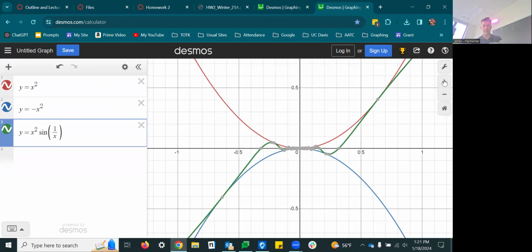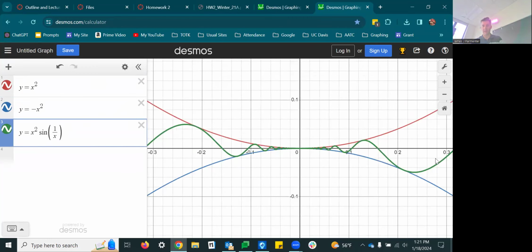Since the red function and the blue function are getting closer and closer to 0, this thing, although it's still bouncing back and forth, is getting squeezed together. So the x squared times sine of 1 over x function has to get squeezed to the same value that they're both getting closer and closer to. It's kind of like a sieve, or a funnel, like they're getting funneled into the same thing. It's kind of neat.